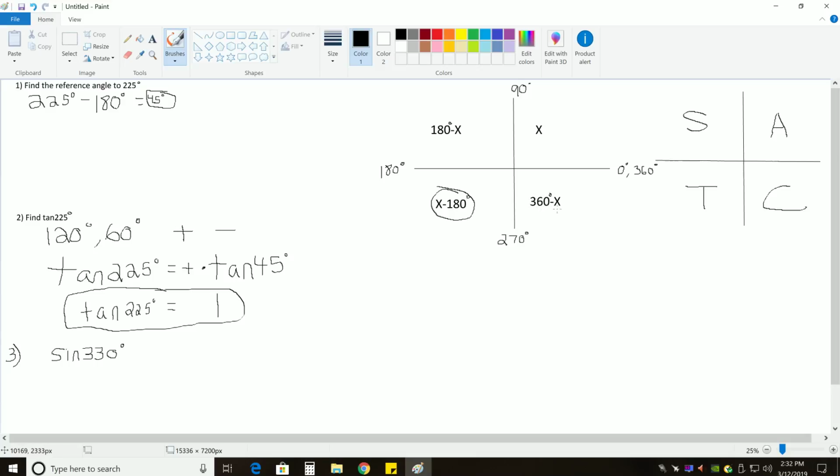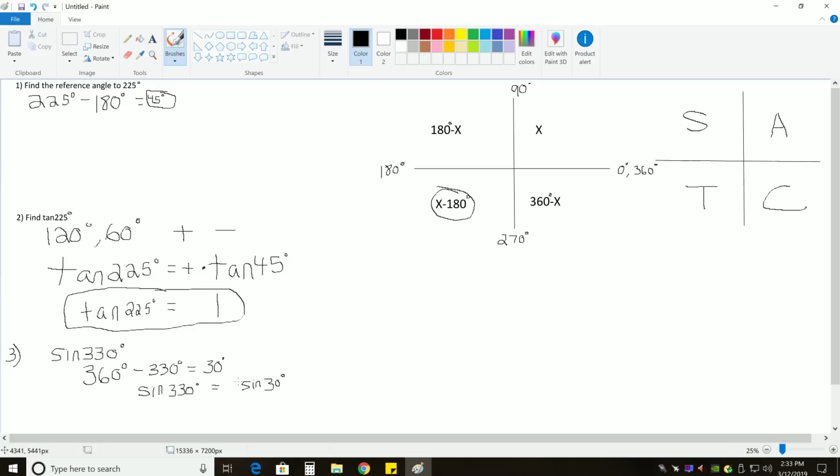So we need to subtract our 330, which is our x in this case, from 360. So 360 degrees minus 330 degrees gives us a reference angle of 30 degrees. Which means sine of 330 degrees is going to be equal to sine of 30 degrees.